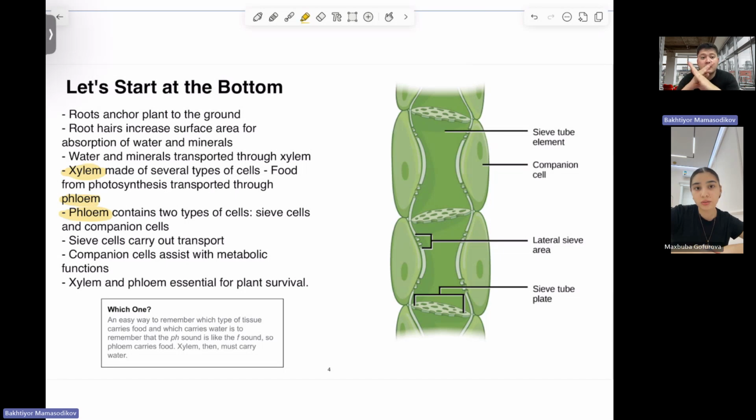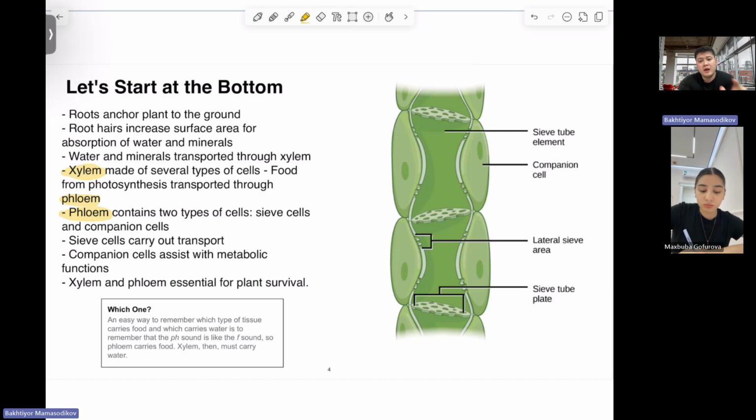If phloem doesn't exist, the leaves do the photosynthesis, and the product of photosynthesis, which is glucose, won't come to the fruit. Okay, that's why phloem transportation system, phloem tissues, are really important for transporting the glucose and making the fruit sweet. Okay, they also transfer all those glucose molecules to the root.